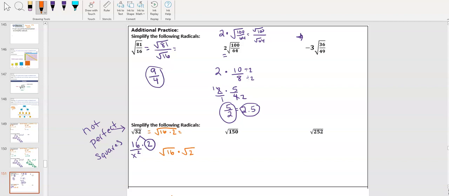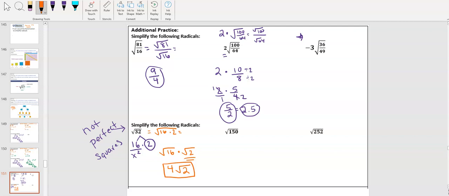So the square root of 16 times 2 turns into the square root of 16 times the square root of 2. The square root of 16 is 4, and the square root of 2, because 2 is prime, I can't solve. So I'm going to just leave it next to 4 as a multiplication problem, and that is my solution. So the square root of 32 is the same as 4 times the square root of 2.